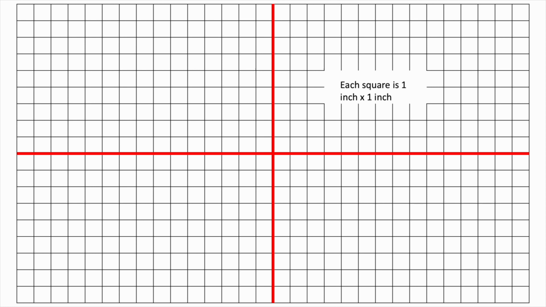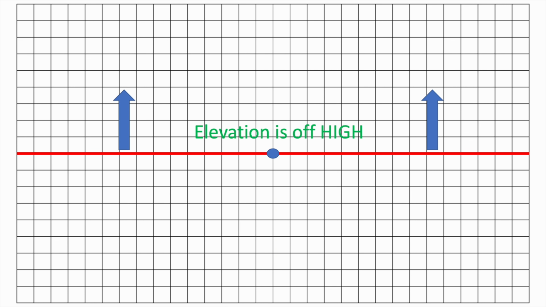First, let's do some terminology. Each one of these squares on the graph pad is 1 inch by 1 inch. You can get different size graph pads, but for this example, it's 1 inch by 1 inch. So the dot in the middle represents the bullseye that we're shooting at.